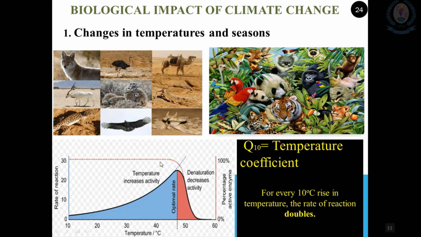So in this case, it's important to learn about temperature coefficient or Q10, and for any reaction between 0 Celsius to 40 Celsius, Q10 is equal to 2. However, beyond the optimum temperature point, enzyme starts to denature. So increasing temperature could have different effects on the rate of growth and reproduction.